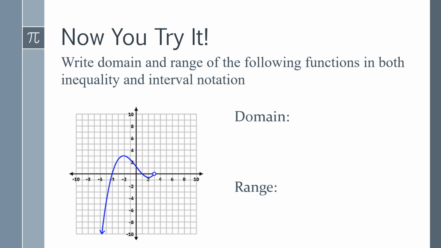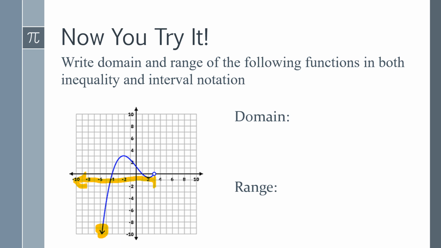Okay, so again, we're back here. We're starting at this point here, right? We're starting at +3, and this goes to the left. It's going to -infinity. Keeping in mind, we have this arrow here, and that means it's going to continue going left and down. So how do we say this in math?